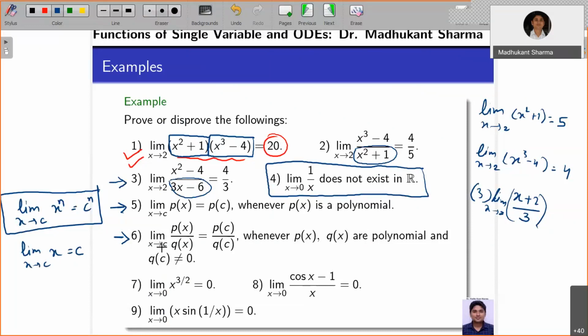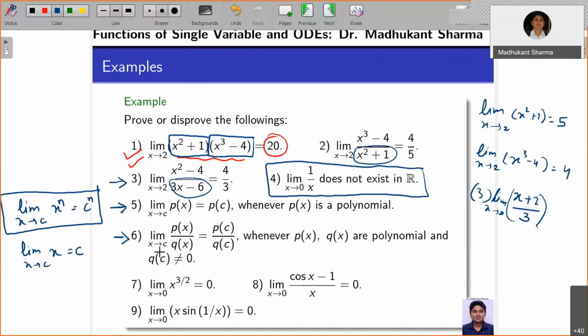If that is not the case, then the limit is nothing but the numerator and denominator polynomials evaluated at c only. You can use this result in various forms. You can have a very high degree polynomial, even a 100-degree polynomial p(x), and q(x) also a 100-degree or 99-degree polynomial.